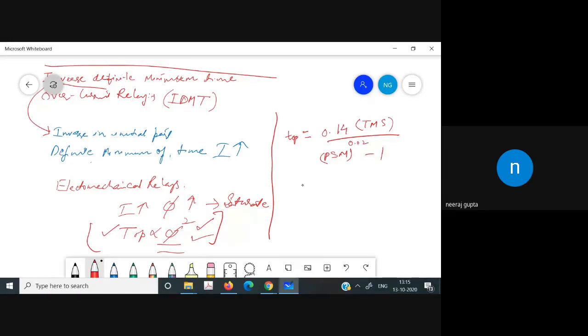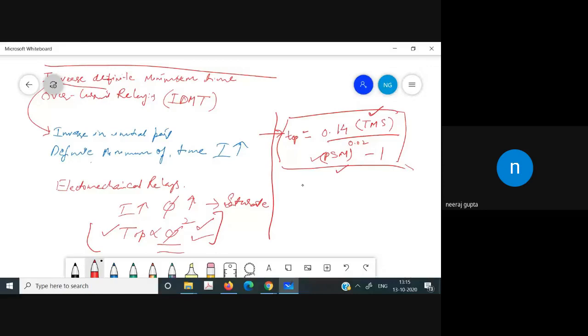This is the empirical relationship between the operating time and the current for the IDMT relay. PSM is the plug setting multiplier, and TMS is the time multiplier setting of the relay. So you can see that the operating time in this relay is directly proportional to TMS, and inversely proportional to PSM.